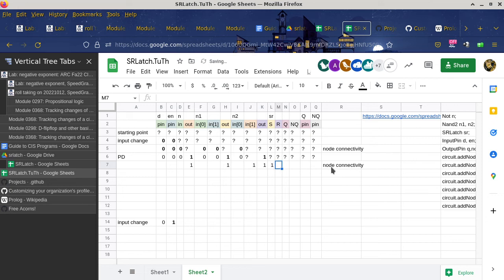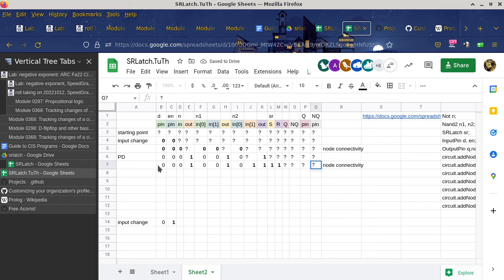So this purple also updates the other purple one like that. And all of these need to be highlighted. They all need to be boldfaced because they are all changes from what they used to be before the propagational delay. So all of these are highlighted, and then the rest we just copy. Okay, not a problem. Question mark, question mark, question mark, and question mark again.